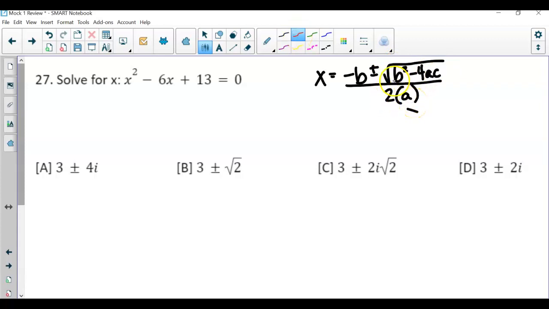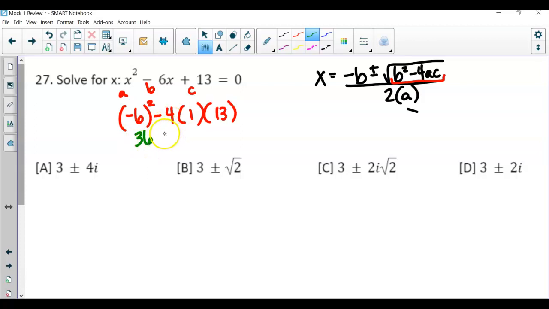Let's again focus just on the discriminant. Let's see what goes inside of our radical. Here's your a, b, and c. So again, here I've got b squared or negative 6 squared minus 4 times a, which is 1, times c, which is 13. Now I've got 36, that's positive 36, minus 42.